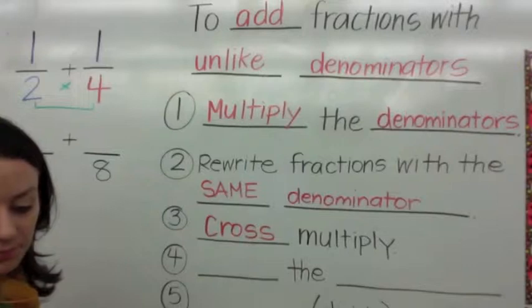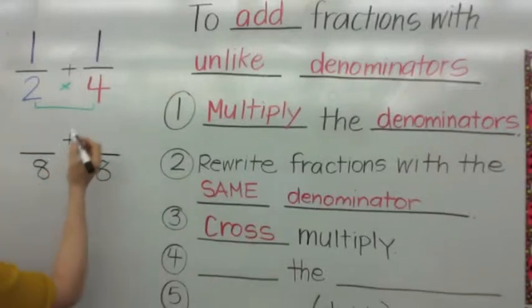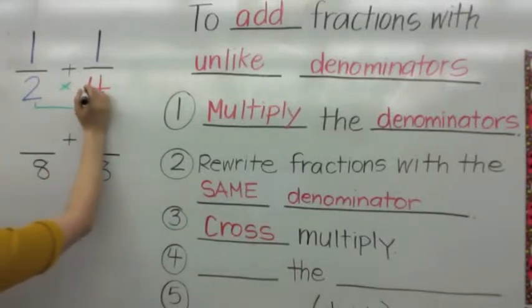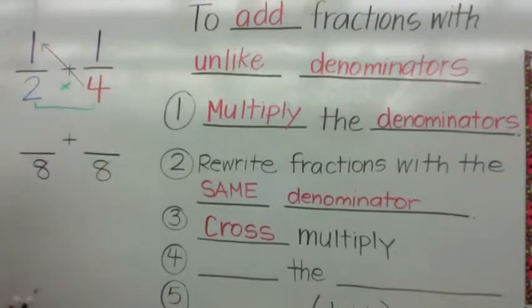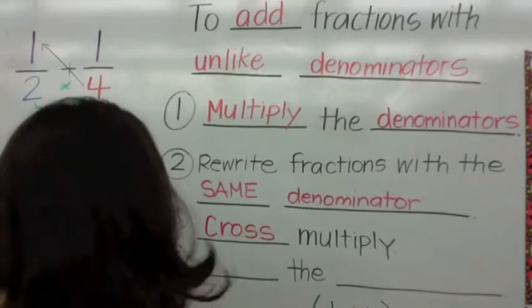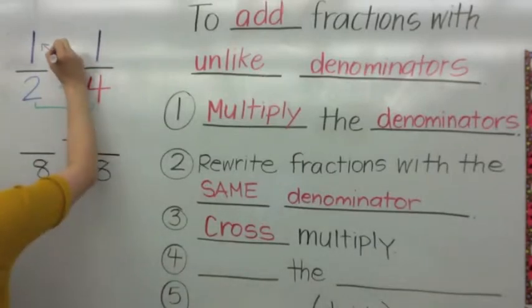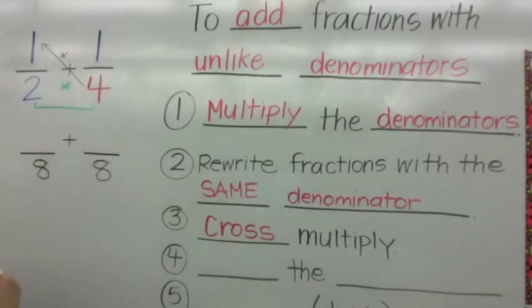First, I'm going to make an arrow so you can see, and I'm going to make a little multiplication sign. First, you're going to do 1 times 4. What's 4 times 1? 4 times 1 is 4, right?